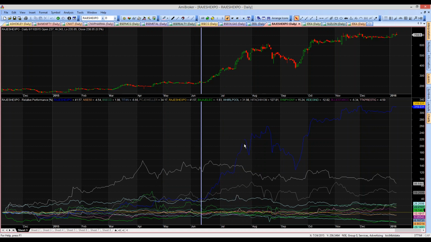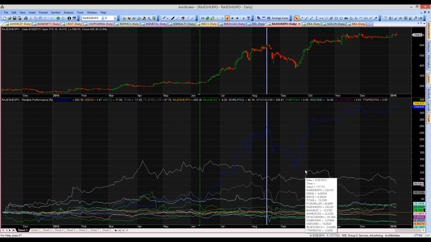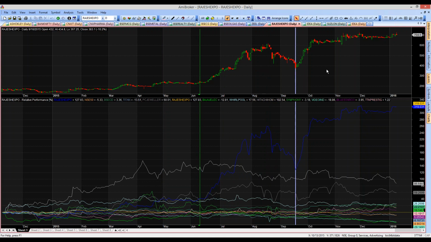That performance went from 40 to 240, that is from here to here. So this is the period we're talking about. After that you had an underperformance, though even then it was doing well compared to everything else, and then this thing took off again from about 400 levels and it's right now at 700. That's where we are right now.